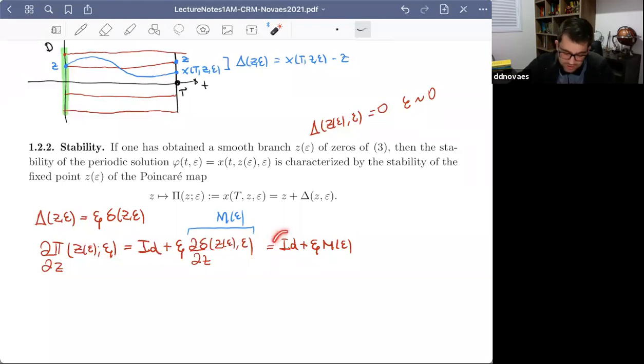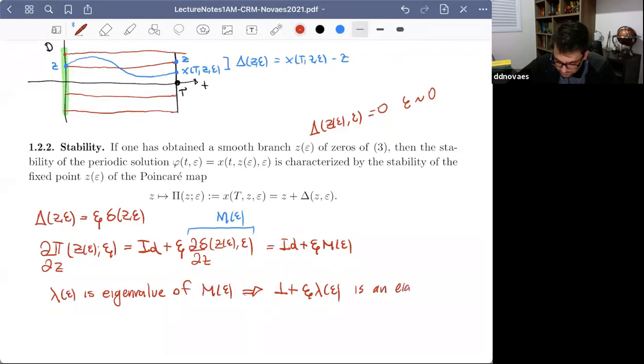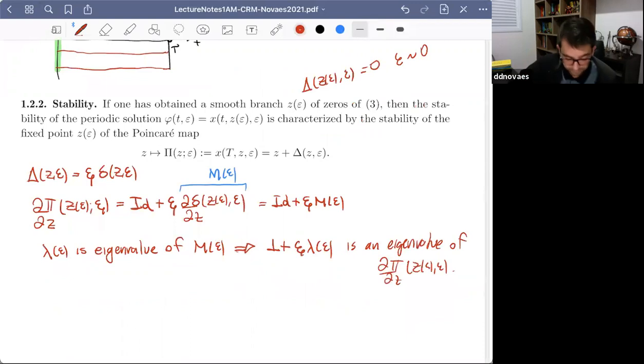If lambda(epsilon) is an eigenvalue of M(epsilon), then 1 plus epsilon lambda(epsilon) is an eigenvalue of the Jacobian of the Poincare map at (z_epsilon, epsilon).